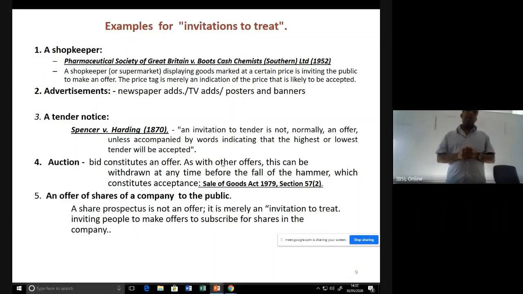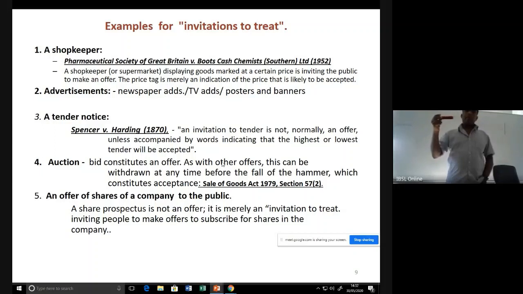We call it bids. Now at an auction, you may have seen in films and also in television, when they auction, the auctioneer says, it's a good eraser that we are selling. We start the auction.